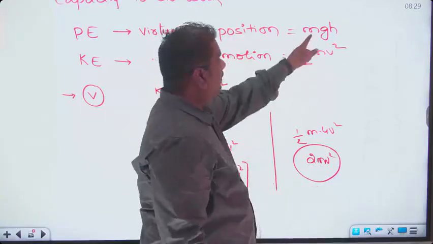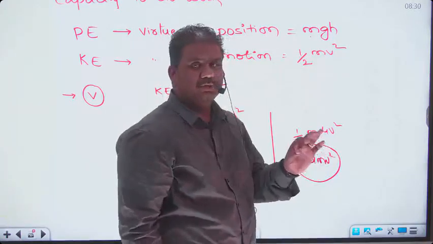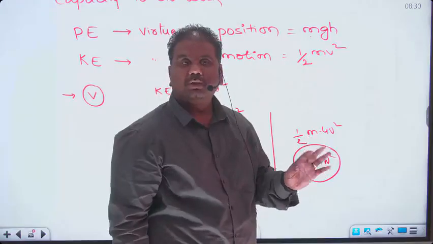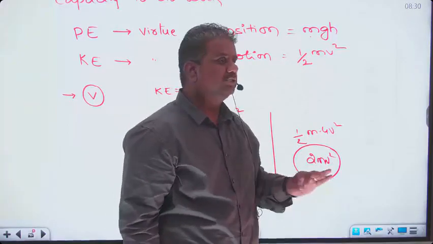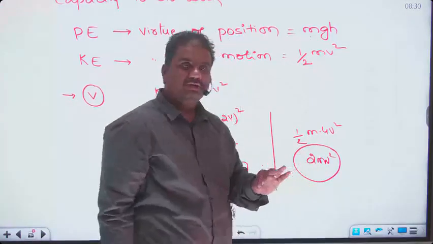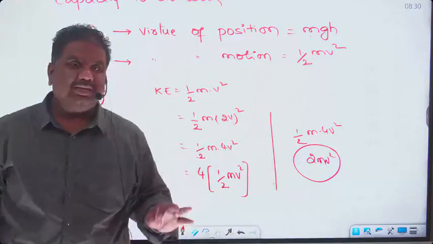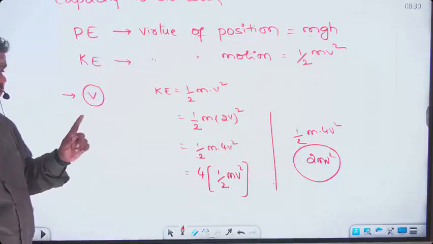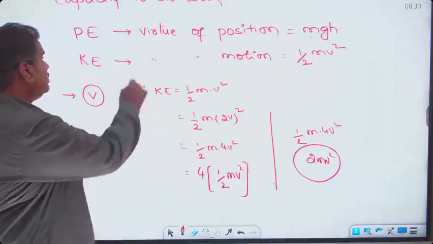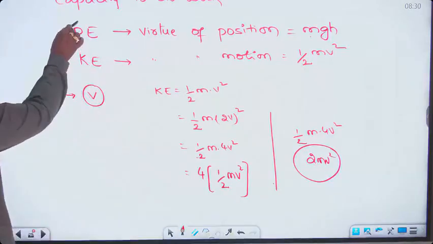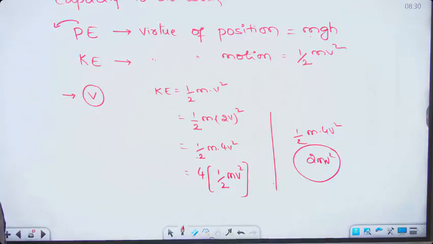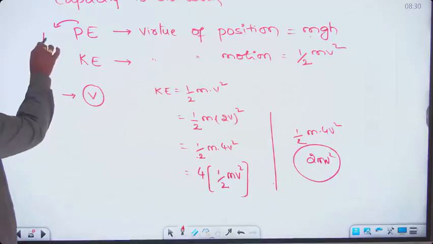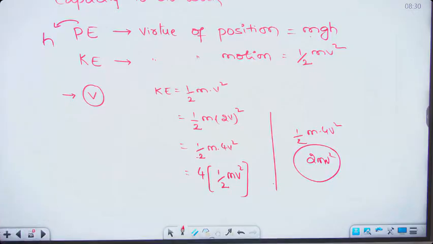Now mass of an object increase avutunda constant ga untunda? The mass of an object is always a constant value, a fixed value which will never change, right? It means that potential energy of an object depends on what factor? It depends upon one particular factor, which is the height of the object.